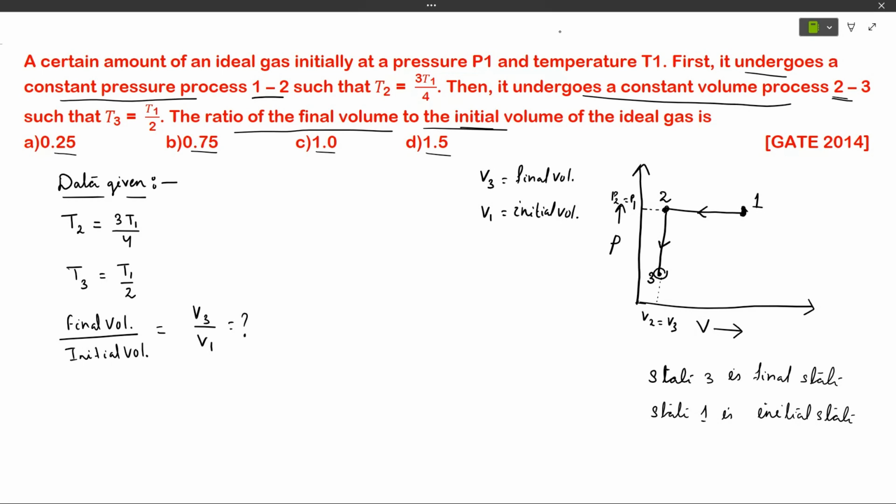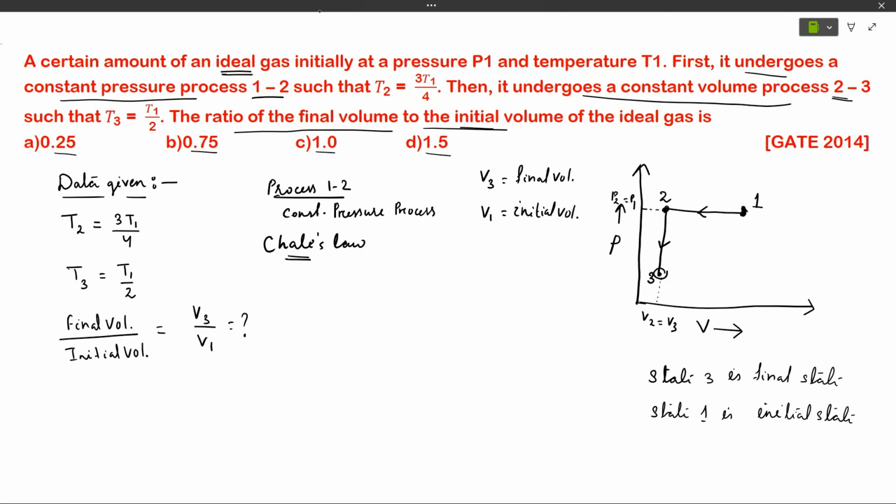So here, as this is a case of an ideal gas as per the question, and the process 1 to 2 is a constant pressure process, we can use the law, that is Charles' law, and this law is applicable to the ideal gas.